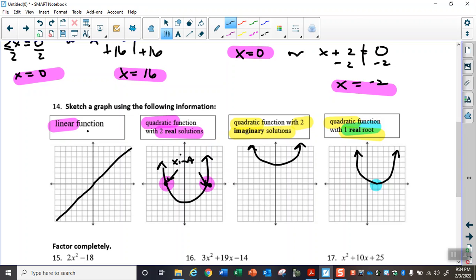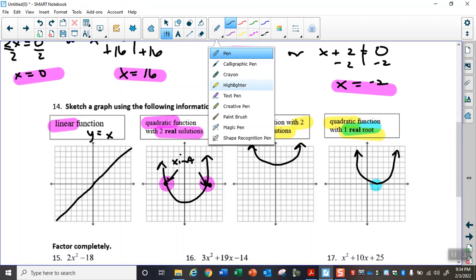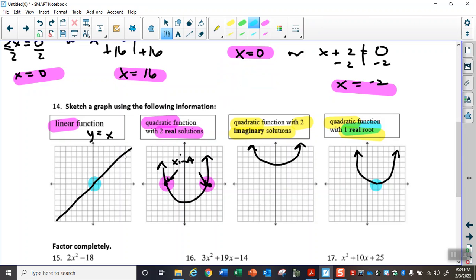If it's linear, that's like y equals x, so that's like to the first power, so that means there's only one solution, right? It only crosses one time. There's only one x-intercept. Okay, one real root means you have this. And remember, imaginary solutions are the ones with i, like 2i, plus or minus 2i, something like that.